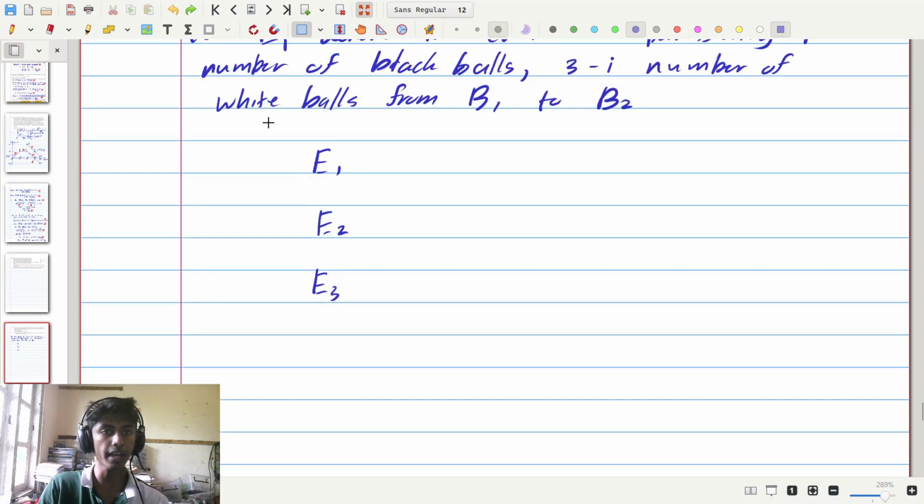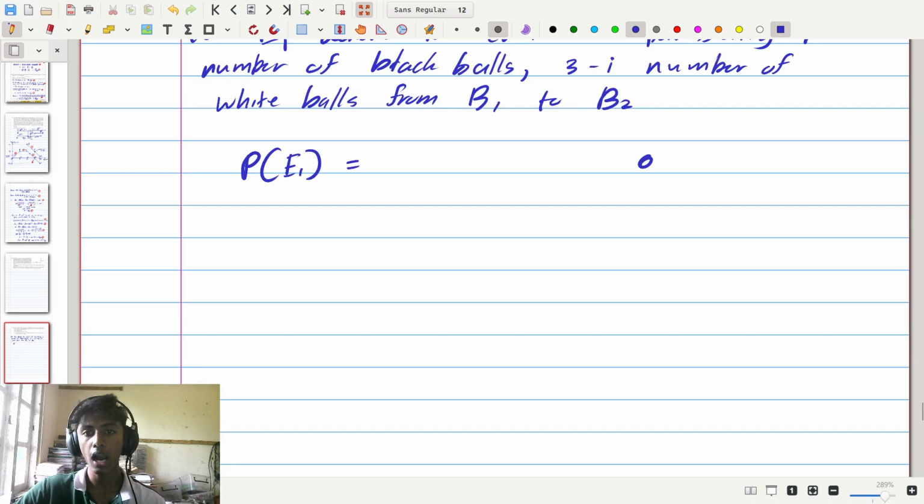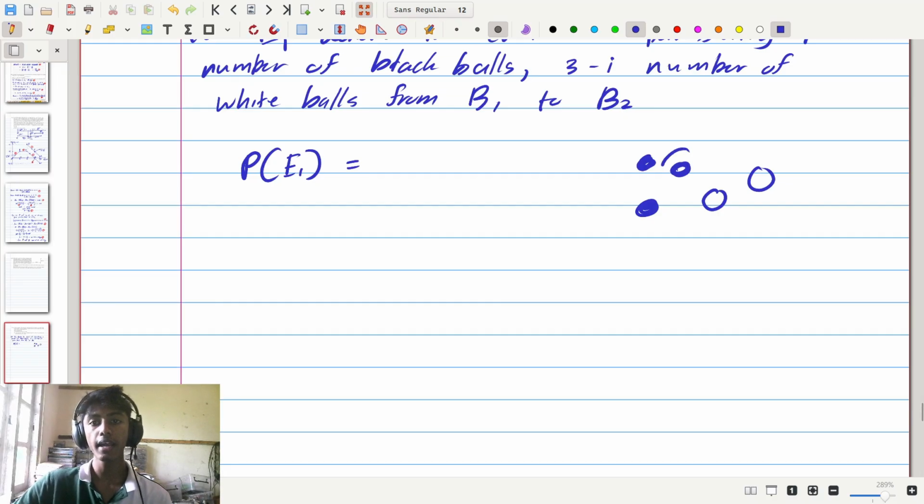Now what we need to do next is to find the probability of each of these events occurring individually. First, let's consider the probability of event E1 occurring. For E1 to occur, out of our 5 balls in which we have 3 black balls and 2 white balls, we need to transfer exactly 1 of our 3 black balls, so we need to choose just 1 out of our 3 black balls.